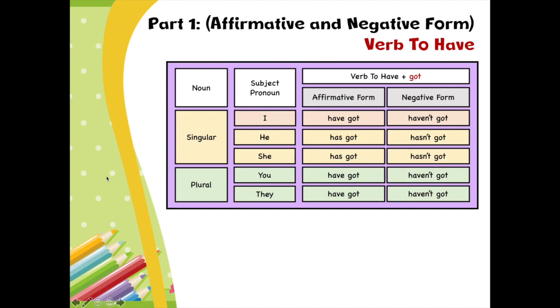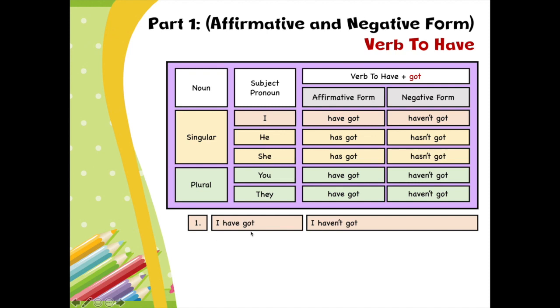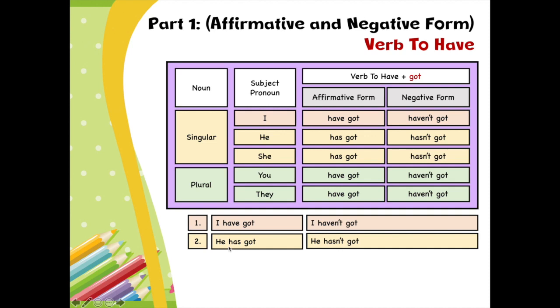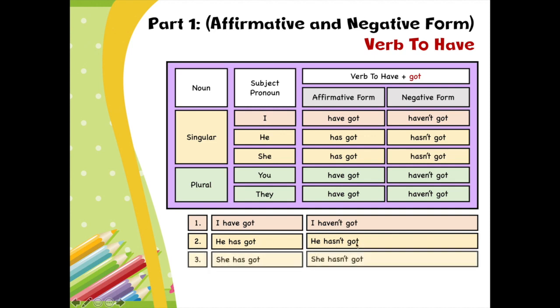So when you put them into phrases, it will become number 1, I have got, and the negative form is I haven't got. Number 2, he has got and he hasn't got. Number 3, she has got and she hasn't got.